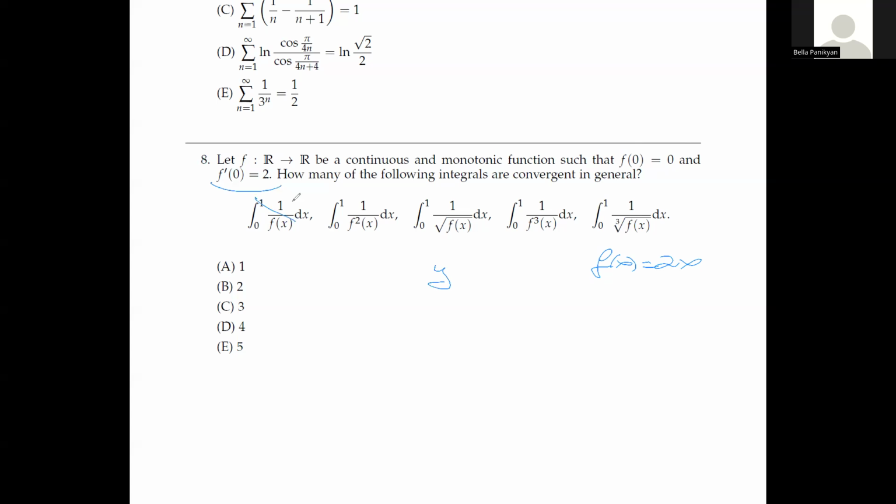Because a constant comes out and 1 over x remains. Perfect. 1 over 2x is not convergent. We can eliminate it. Which other options can we eliminate?